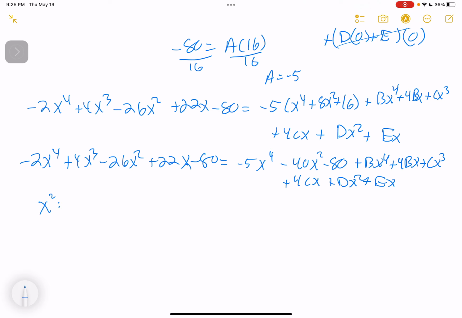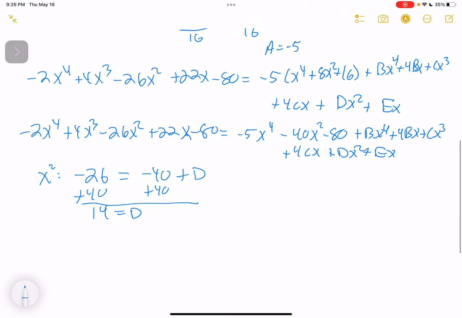On the left, the x squared has a minus 26 as a coefficient. And on the right, we have that minus 40 and then a plus D. So if we add 40 to both sides, I believe that's 14 equals D. Okay, so we found that one.